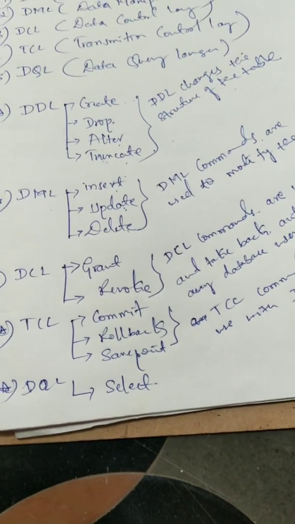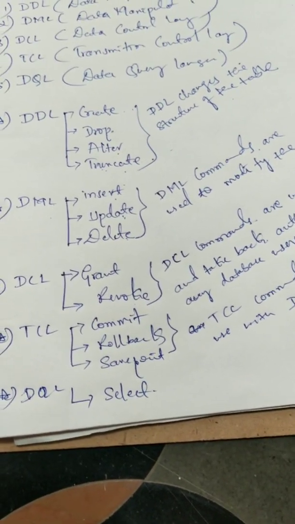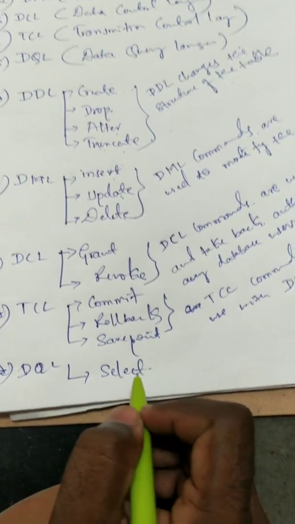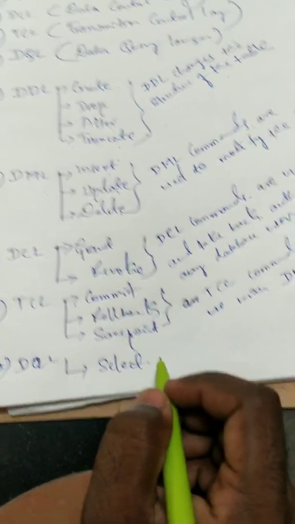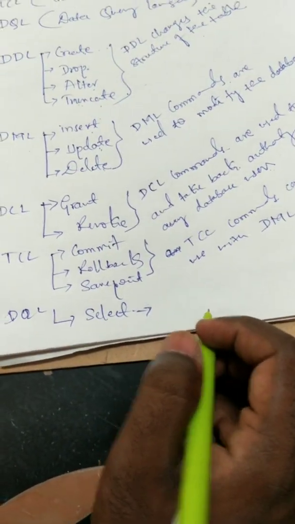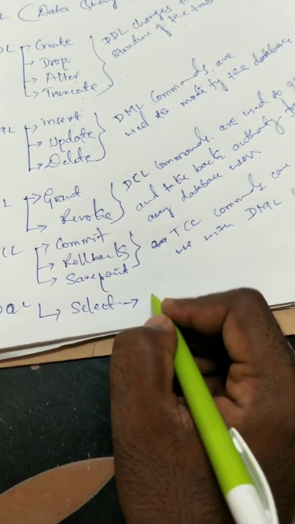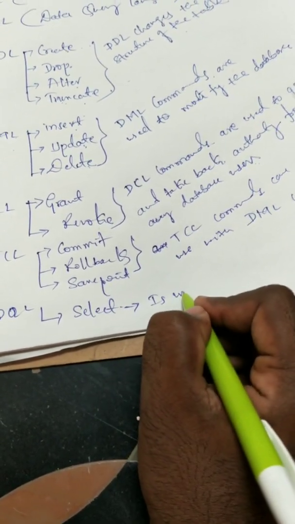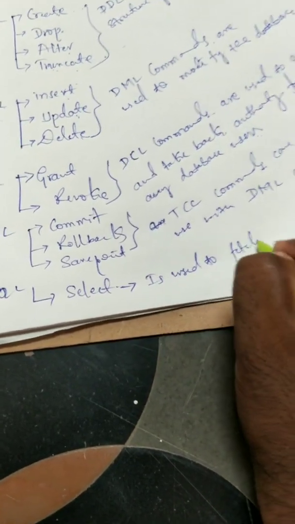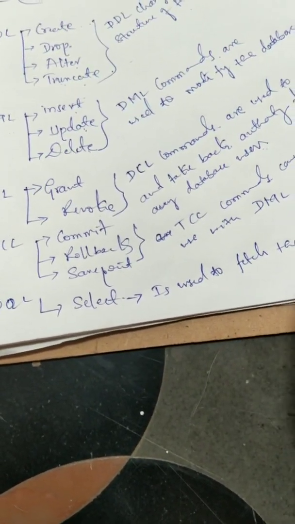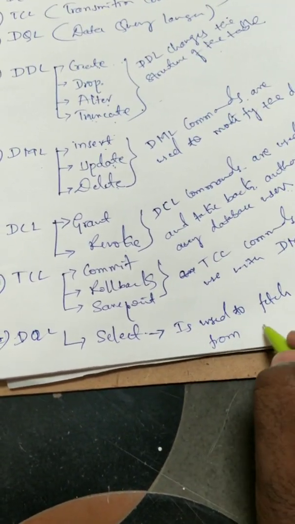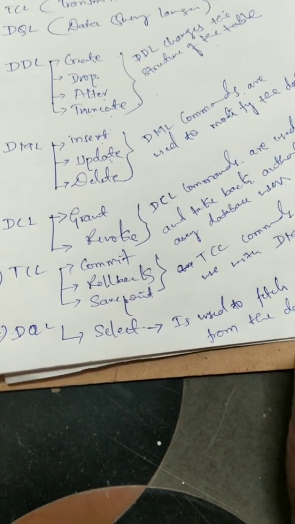And next we have DQL, that is data query language. In data query language, we have only one command, that is the select command. What is the use of the select command?